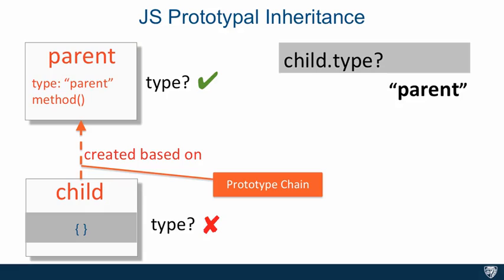Now, the reason it's called the prototype chain is because it doesn't have to be limited to just one object and its subsequent child. It can have grandchildren, great-grandchildren, and so on and so forth. In other words, you could create yet another object that is based on the child object, and therefore the current parent will then become the grandparent of that newly created object.